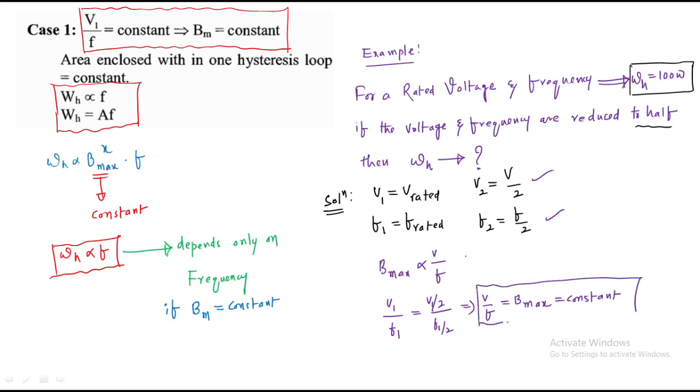In that case, WH is proportional to frequency only. Then what is the value of hysteresis loss? From this, WH1 by WH2 equals F1 by F2. F1 is rated, no problem.